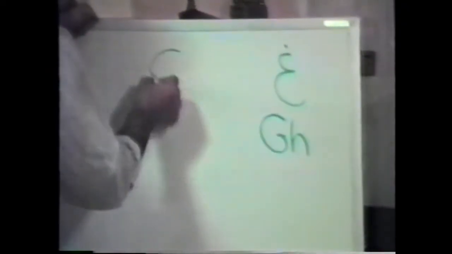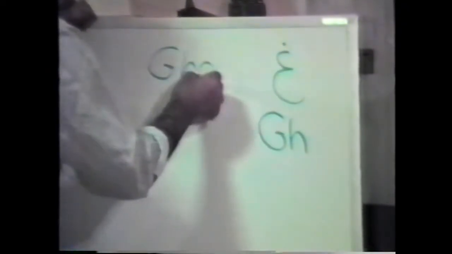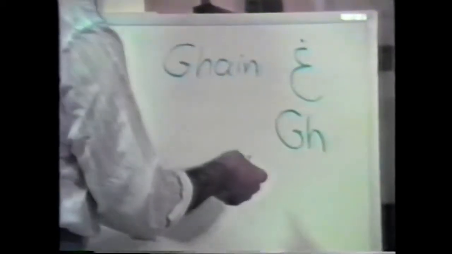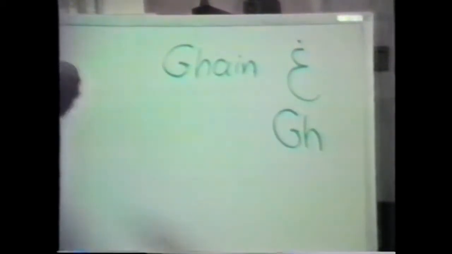And this is R that sounds like this letter. It's a gargling sound. And it is represented by GH. The name of the letter is Ghain and it is represented by GH. It sounds like the French R. Ain, Ghain.